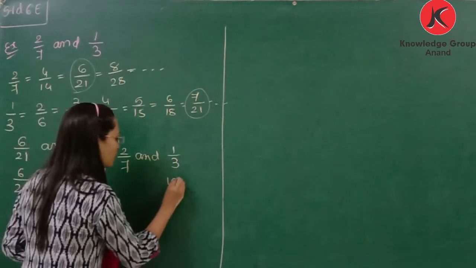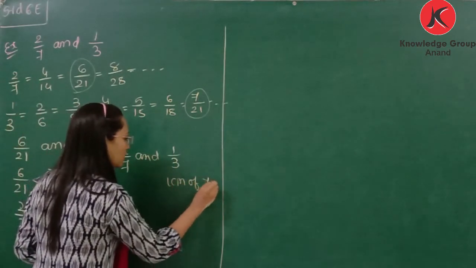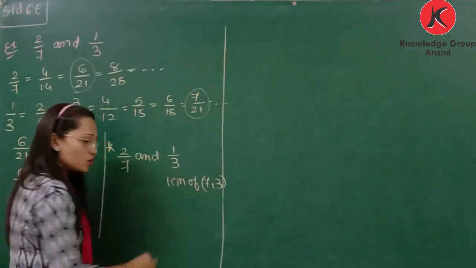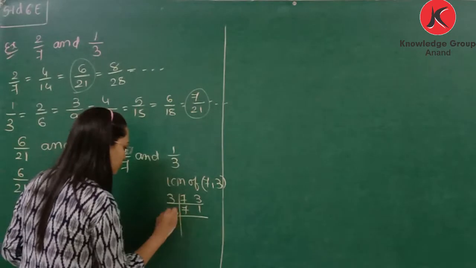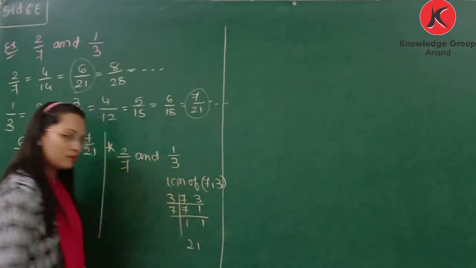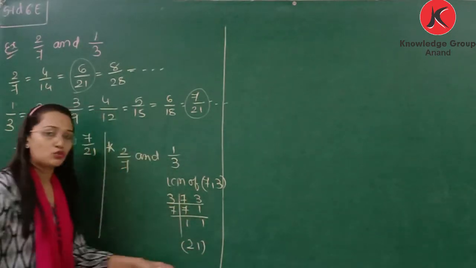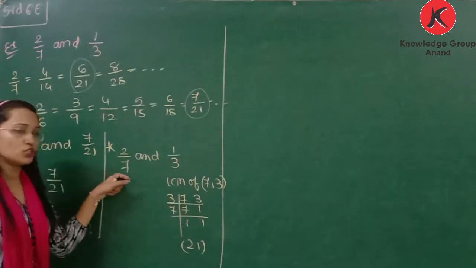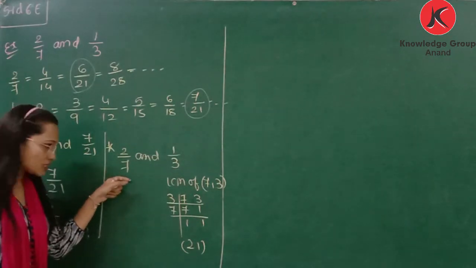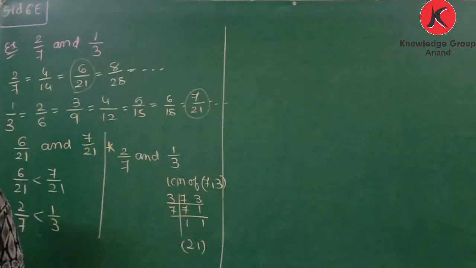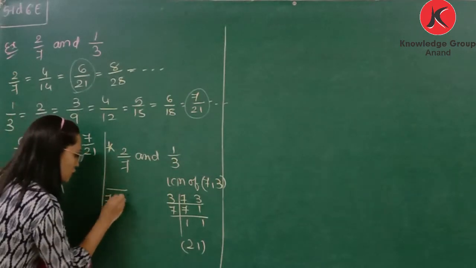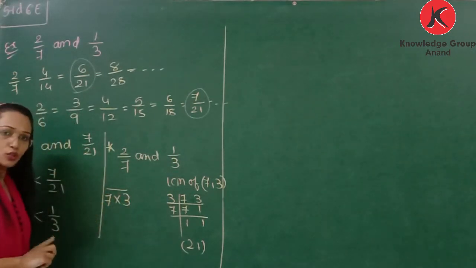So the LCM of 7 and 3 is 21. Now which number should we multiply with 7 to get 21? 7 3s are 21. So we should multiply 7 with 3 to get 21.